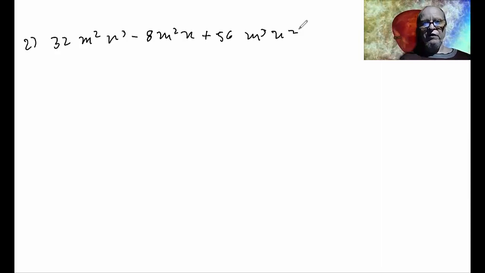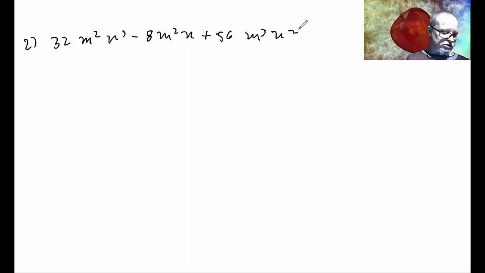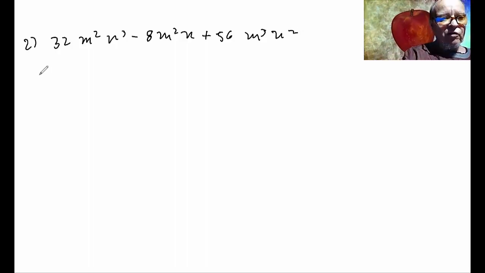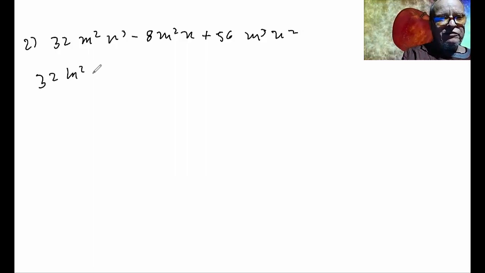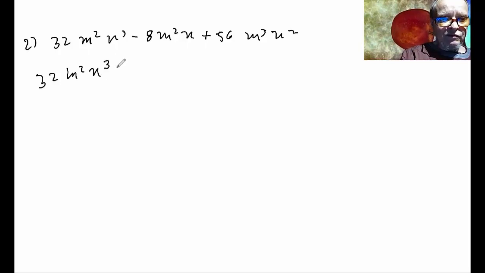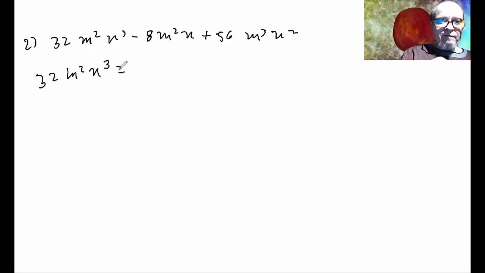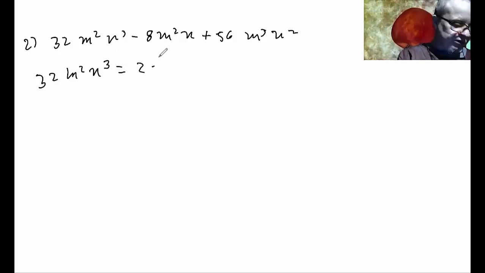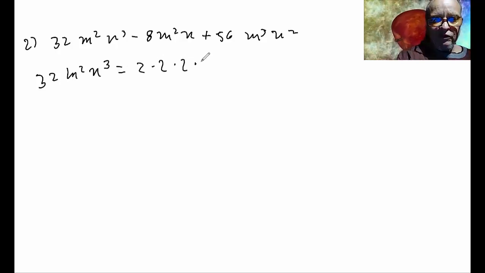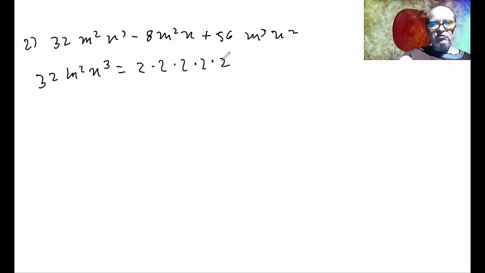So here again, we want to take each term and find its basic components and compare them to see what they have in common in order to find the greatest common factor. So let's start out with 32 m squared n cubed, and that's equal to 2 times 2 times 2 times 2 times 2. 2 times 2 is 4. 2 times 2 is 4. 4 and 4 is 16, and 16 times 2 is 32.